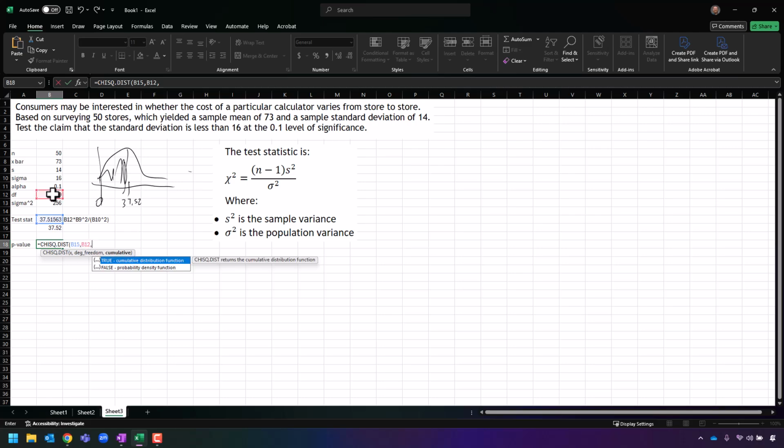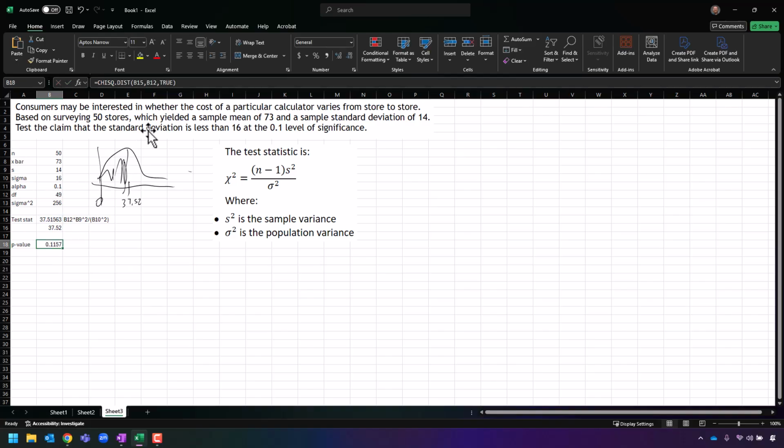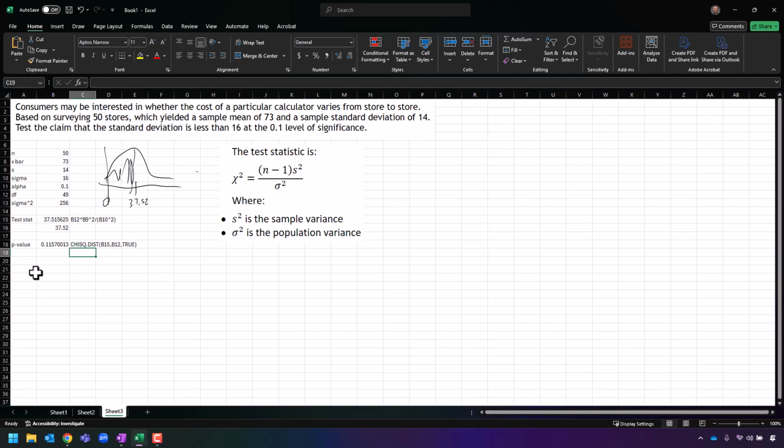And then if I want the area up to there, I use true. Now, just want to see if we needed to round that a little better. So I just made it larger, 1157. Looks like it will work for the p-value.